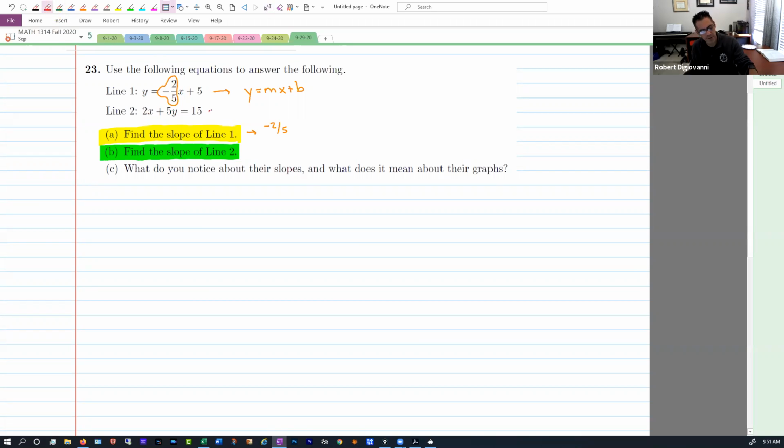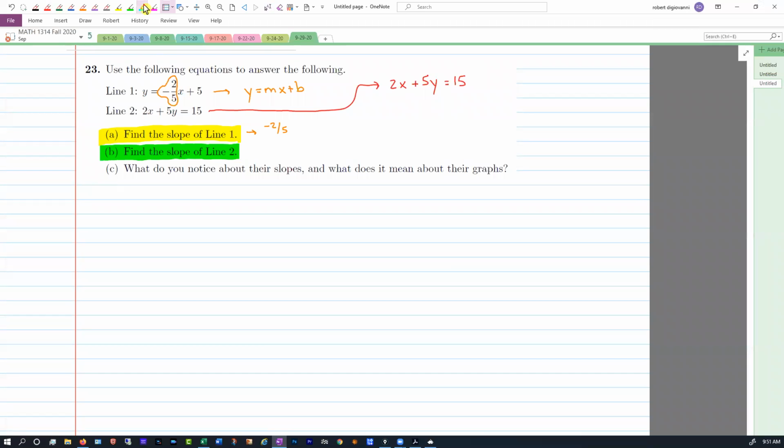Yeah, we're going to have to do some work, aren't we? Because it is not in the form y equals mx plus b. So Tatiana, what would you do first if you were going to try and get y by itself? Can I do minus 2x on both sides? Exactly.